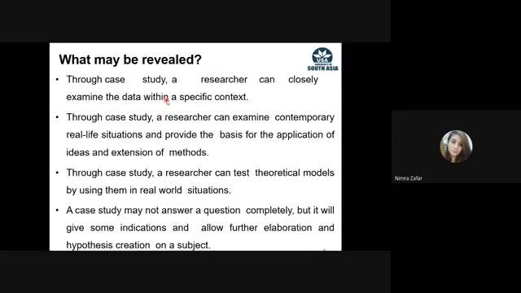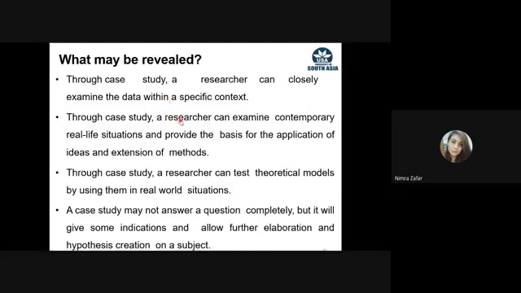What may be revealed through a case study? Through a case study, a researcher can closely examine the data within a specific context.